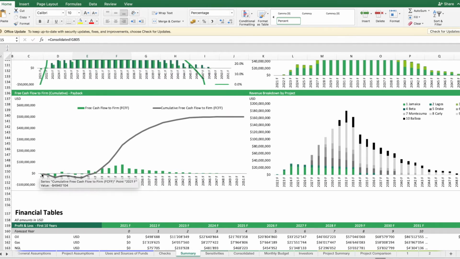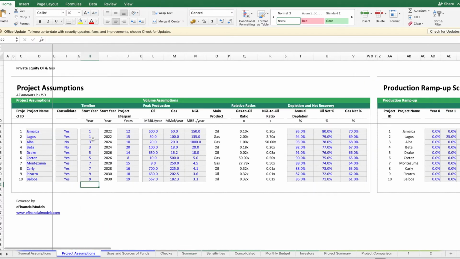In this case, maybe not a good idea, because there are a lot of negative years, so maybe it was a bit too much. We might have to go back again. Another scenario would be, let's say, we invest in half of the projects in the first year, so we just get going, and then we have a phase 2, where we do the second batch of projects in, let's say, year 5.